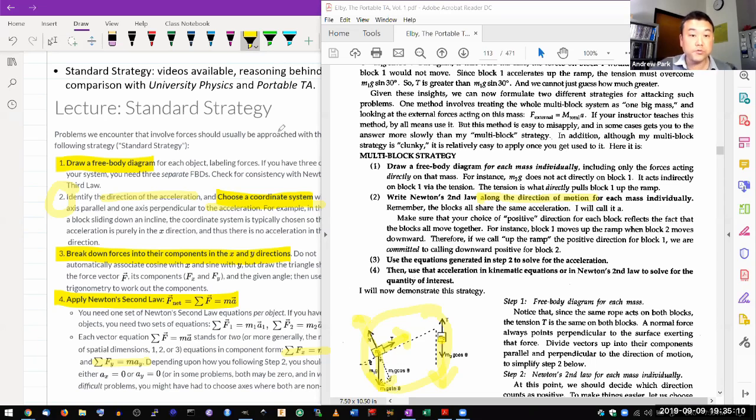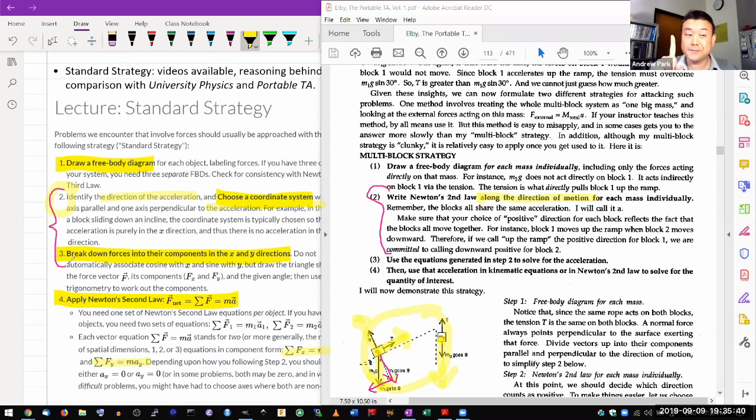That's where you do need to break it down into components so that you can see which forces are perpendicular to the direction of motion and which are parallel to it. So in step number 2, he says quite a bit, and that's broken down explicitly in our steps number 2 and 3.